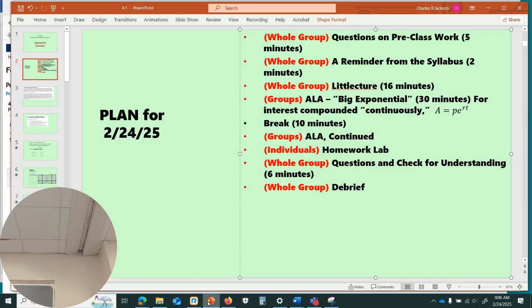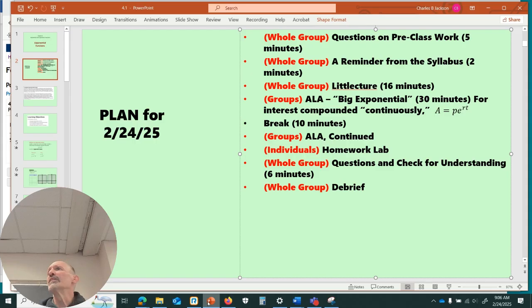Plan for today. Going to start with questions on pre-class work. Reminder from the syllabus, little lecture, an activity on exponential functions.